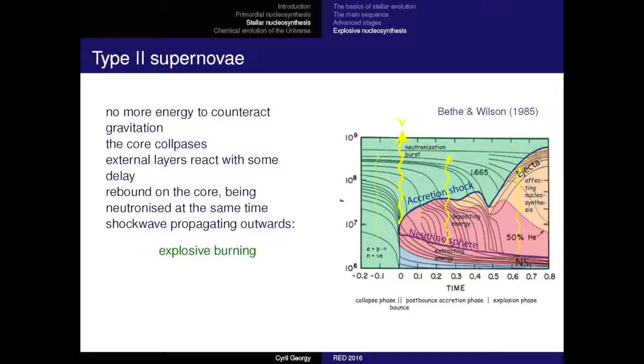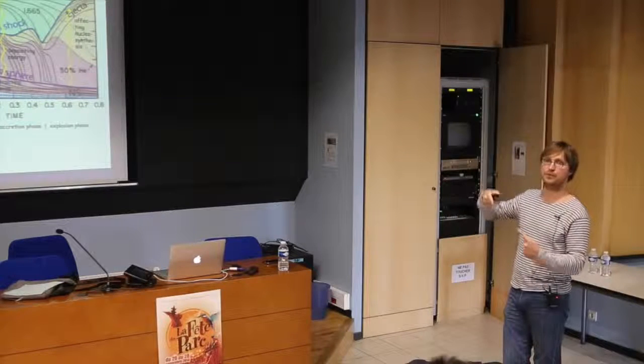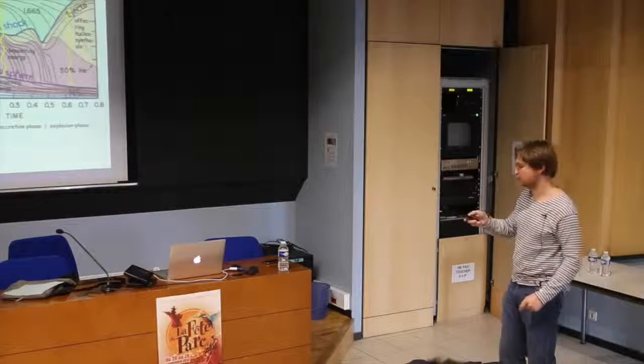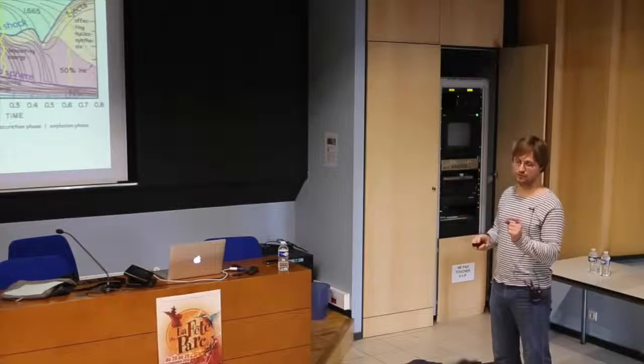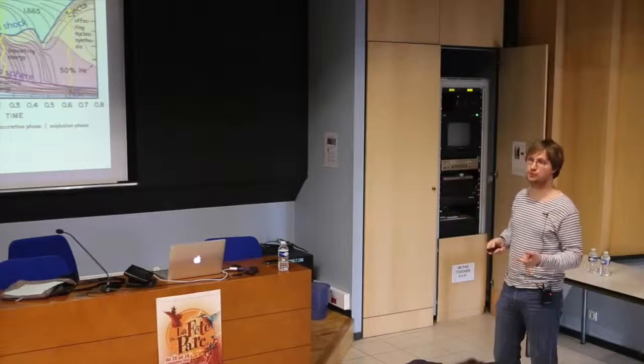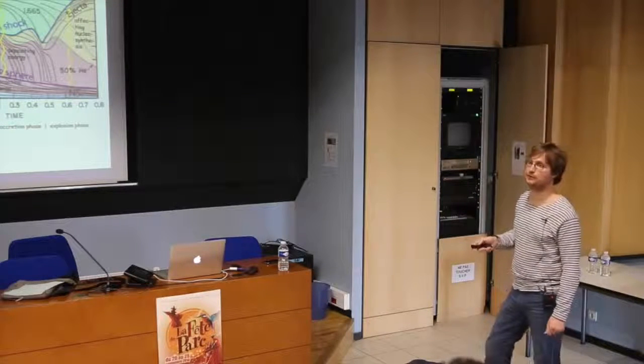What happens is that at the end, the core contracts very quickly and produces a neutrinosphere. The gravitation is so strong that the protons present in the matter of the core, which tend to push each other away due to their electrical charge, are forced to convert into neutrons to stabilize the matter.